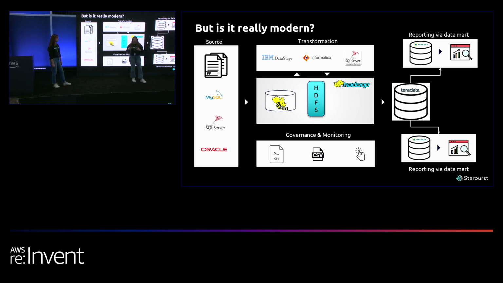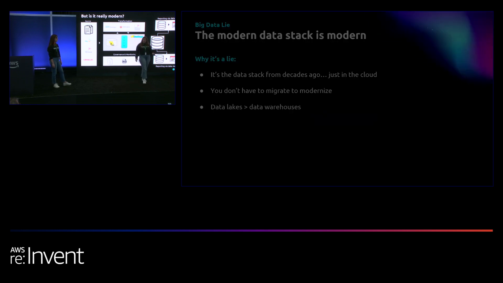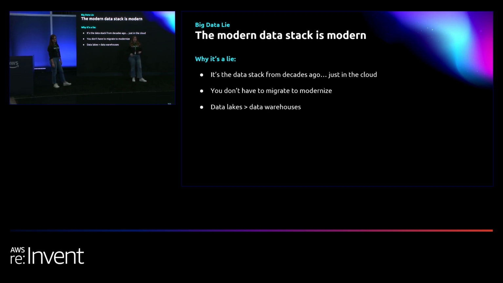You're not thinking about anything differently. Instead, you're just replicating the situation that you already have created. And so, the modern data stack, it's a big lie. The modern data stack is indeed just the data stack from decades ago, but instead, it's built within the cloud.